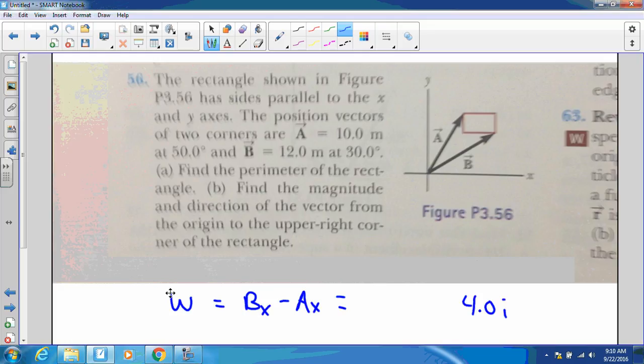Can you give me the computation? Bx equals 10.4i. How computed? Oh, sorry. 12 times the cosine of 30 degrees, and then minus 10 times the cosine of 50 degrees.